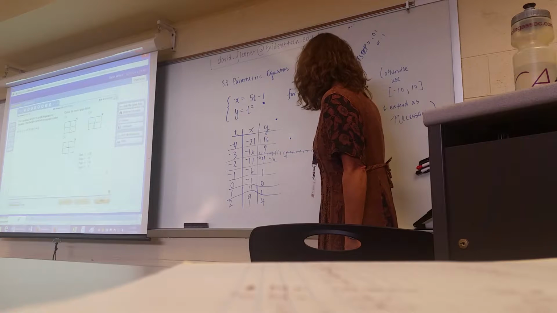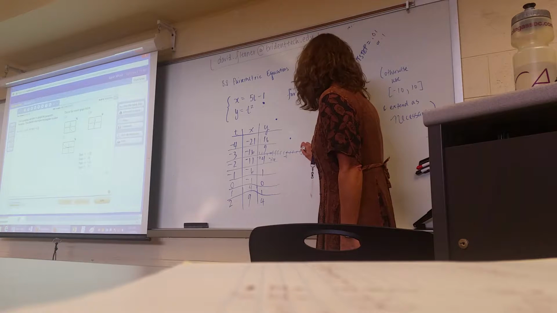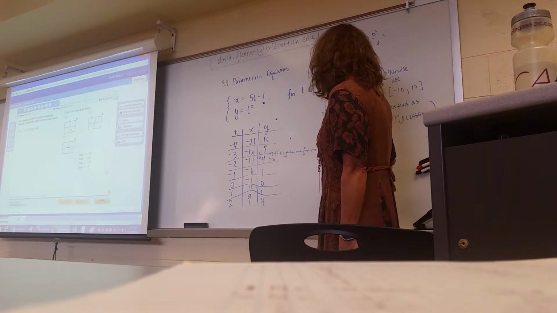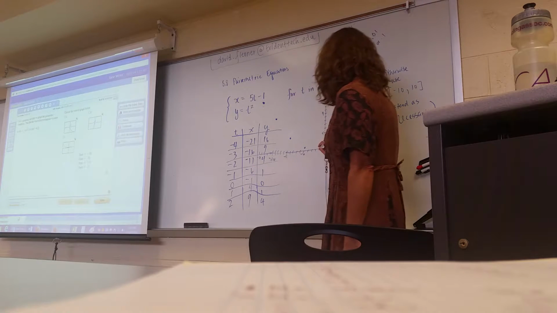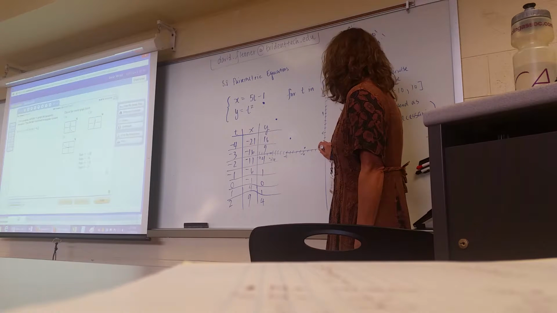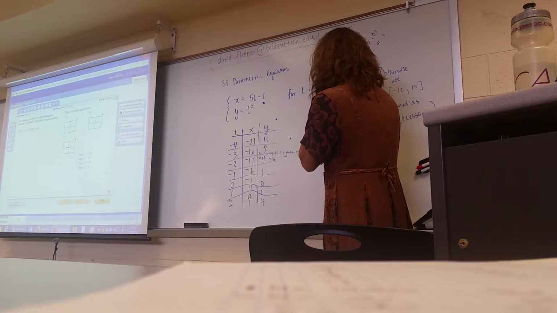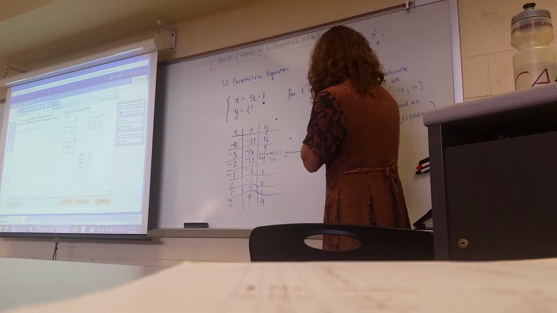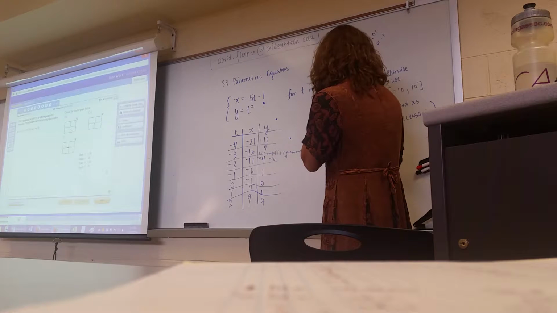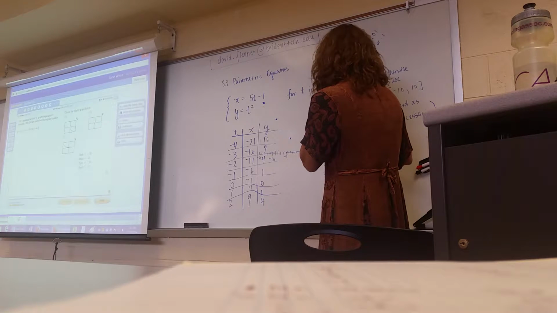Negative 6, 1. Negative 1, 0, x intercept. You just got to ignore the t when you're doing this, that's the hard part. 4, 1. And 9, 4.